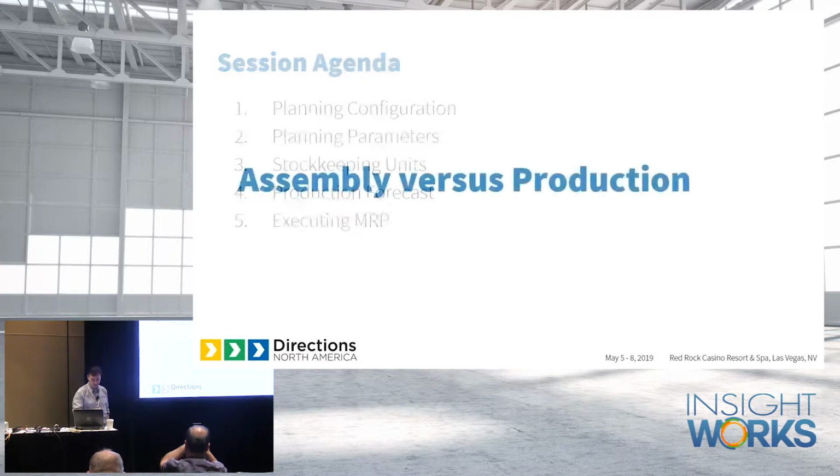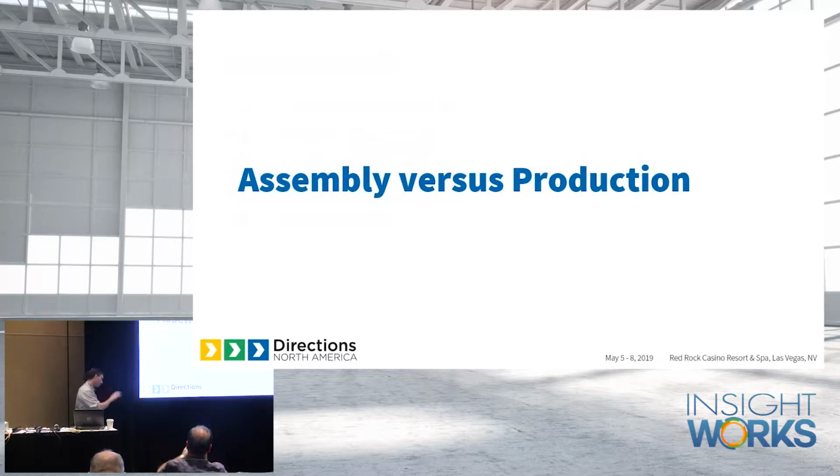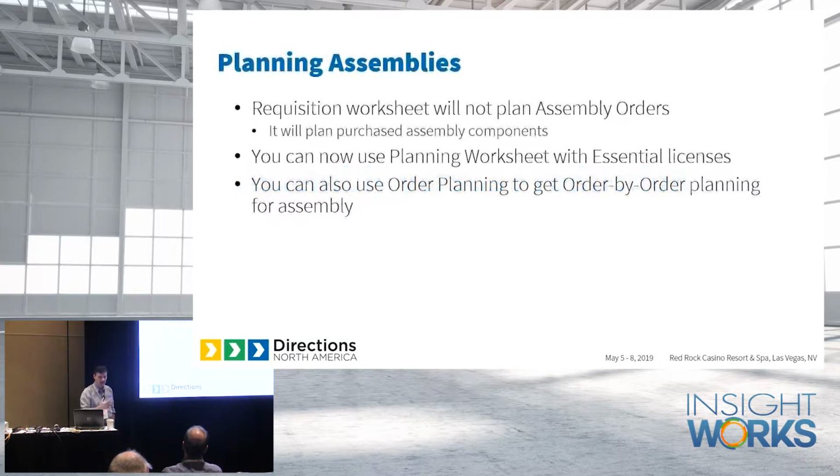All right, so first of all, I just wanted to throw this in here, assembly versus production. How many people have customers that use assembly orders and know it? Lots. Production orders, we saw that already. Okay, good. Now, the reason I bring this up, I usually talk about this a little later, is there has been a recent change in the last release of Business Central where, for that second one, you can actually use a planning worksheet now.